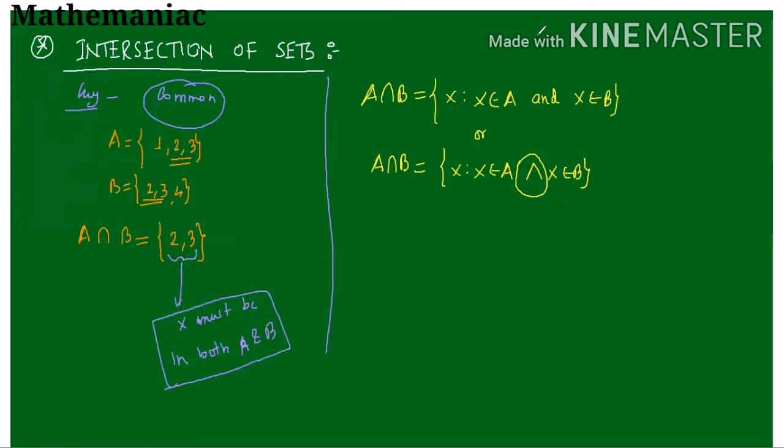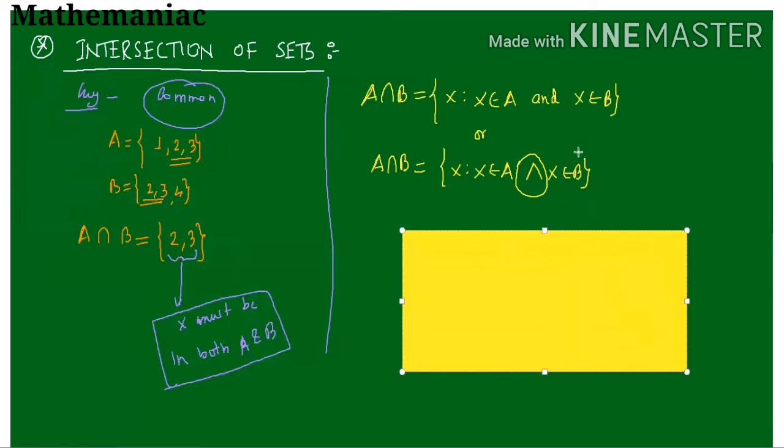Now, very immediately, I'm going for representing this in the Venn diagram. This time nothing separate is going to happen. Again we have to draw two sets. This is set A, and then we have to draw another set here.